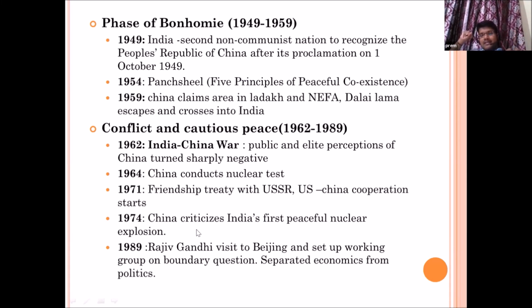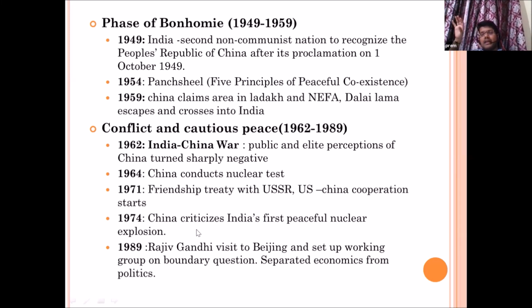As I told you, in 1962, I think you all know, India and China had a major war, the India-China war. The unfortunate fact is that India lost in that war and was defeated very badly. And you know why India and China went to war, from the earlier years, from 1959.